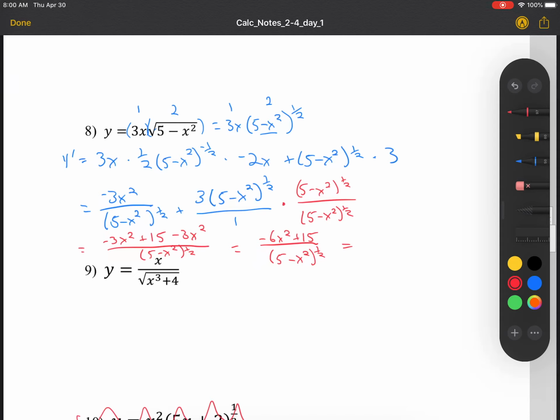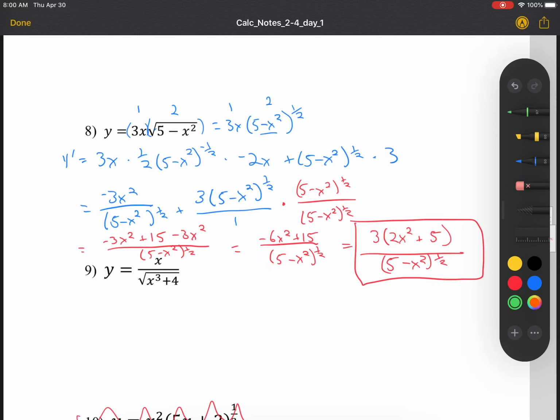Our final bit simplified is 3 times 5 minus 2x squared, all over 5 minus x squared to the positive 1/2, excuse me, no negative. And that's what you should get there.